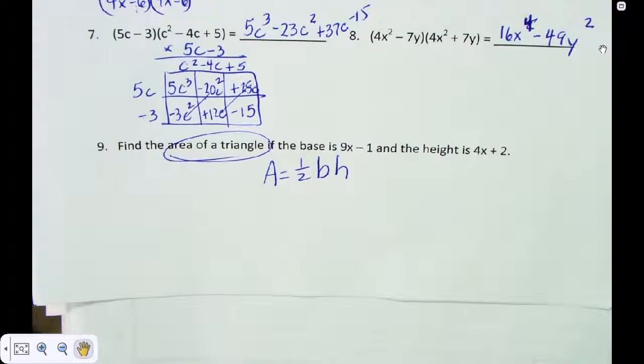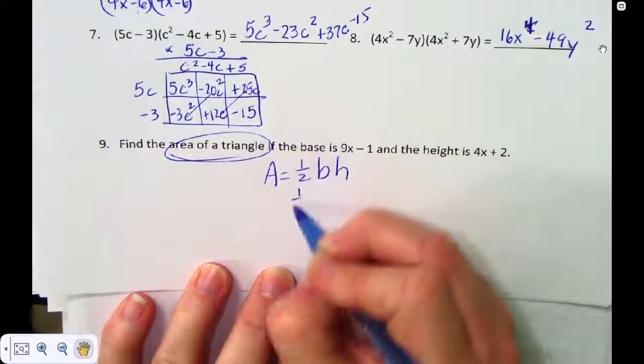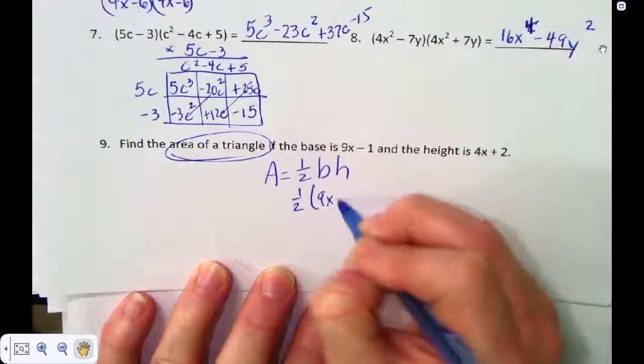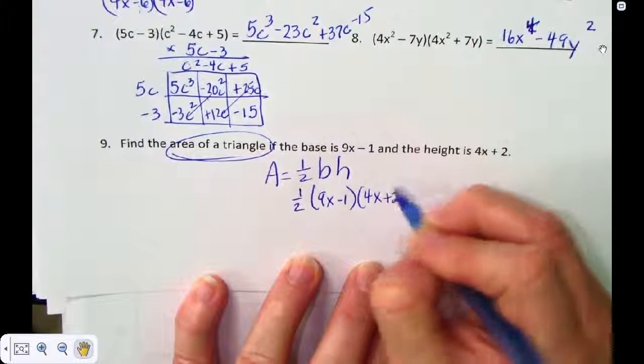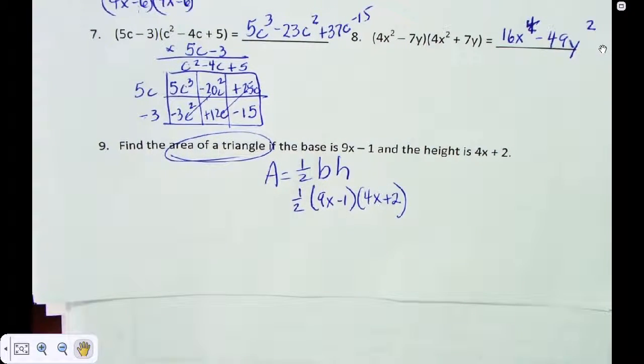Write the formula in right now. So we're going to go 1/2 times 9x minus 1 times 4x plus 2. Did you write the formula down? And follow the formula. That's all you got to do.